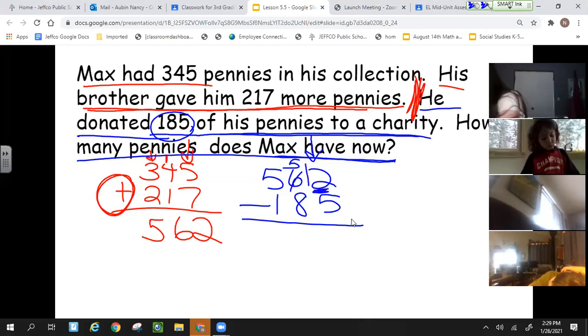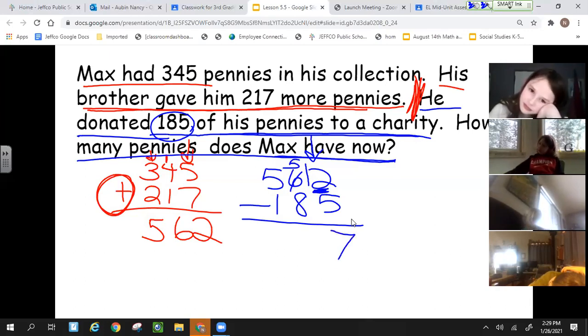To the 2. To the 1's place, maybe. Okay, so now what? Can I subtract 5 from 12? Yes, because it's larger now, right? So we can do it. Okay, what's 12 minus 5?